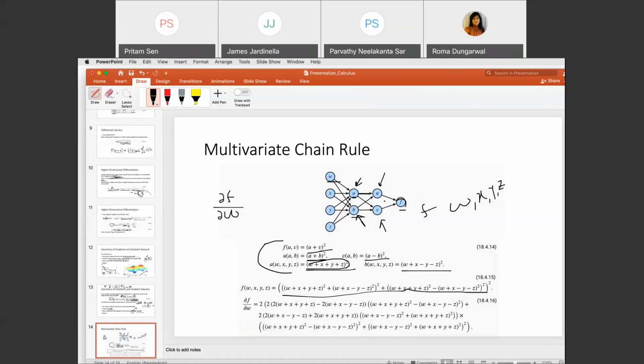So we need to apply a rule. For example, we don't need to calculate the change in f with respect to w in one step. We can calculate each change and apply the chain rule to get the resultant change here.